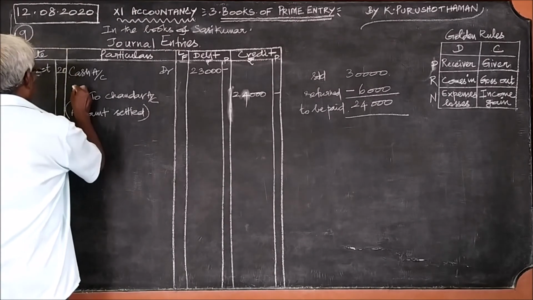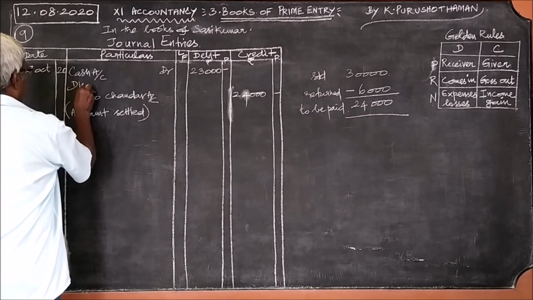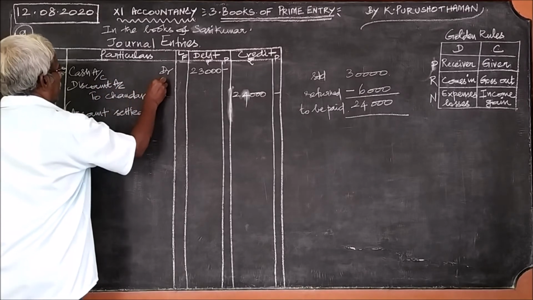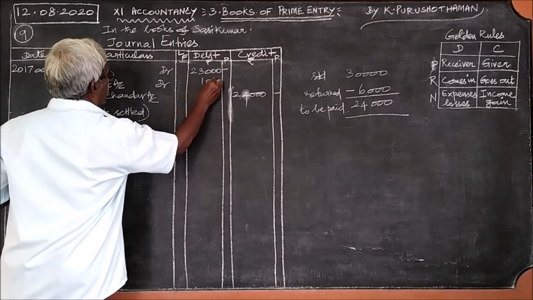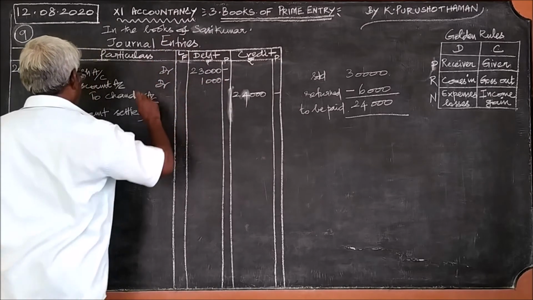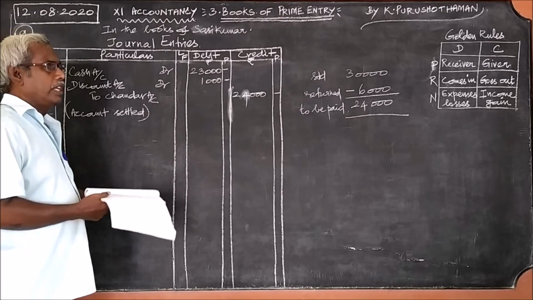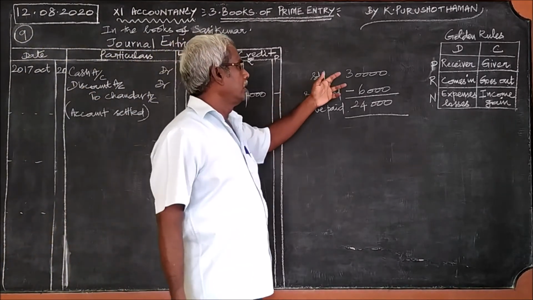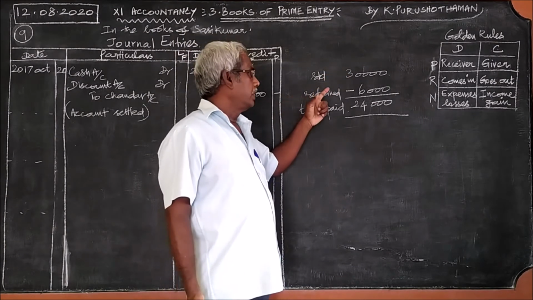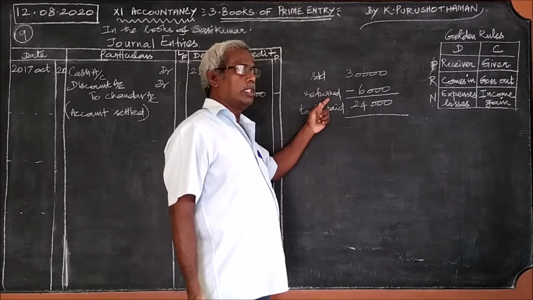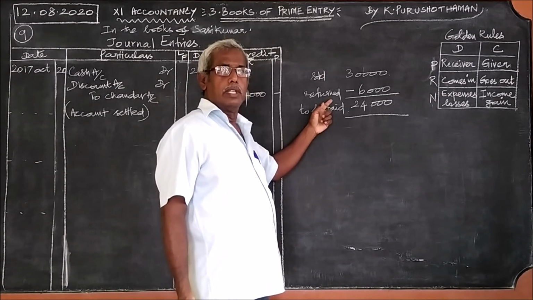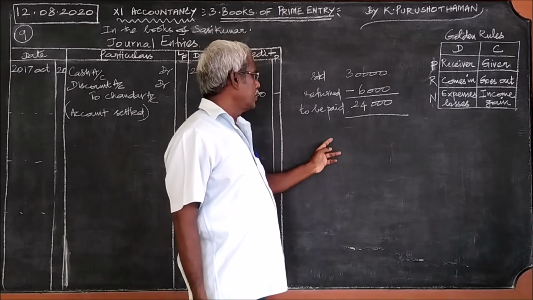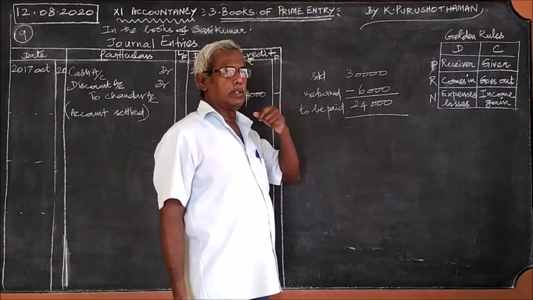Therefore, what we should write here, the missing amount, the balancing amount, is discount account debit, that is 1,000 rupees. How we have written: the goods sold valued 30,000. Out of 30,000, 6,000 goods were returned. Therefore, Chandar has to pay 24,000.